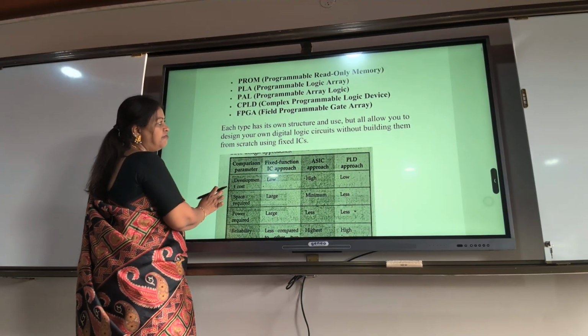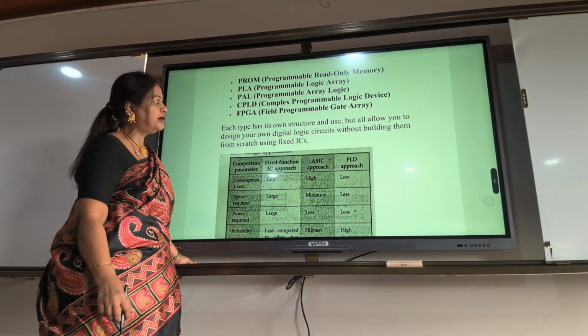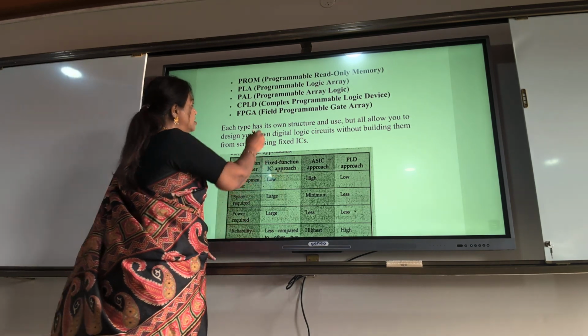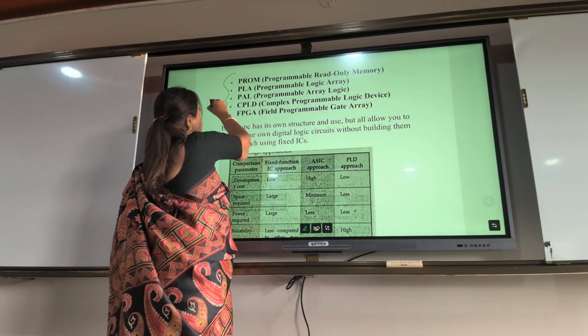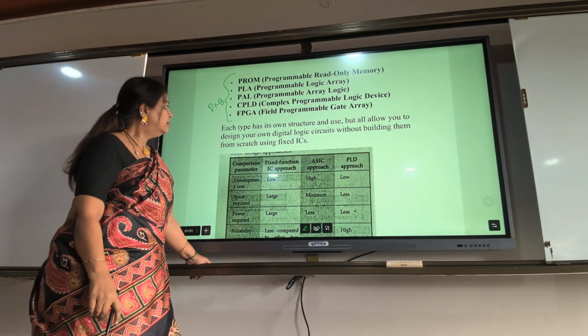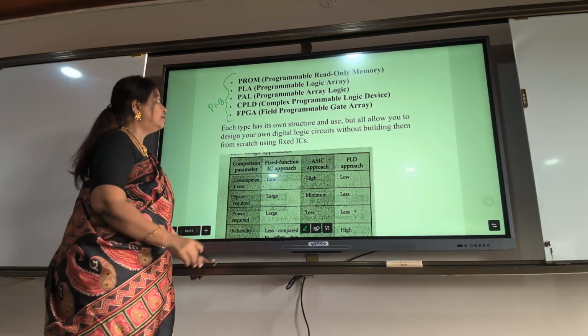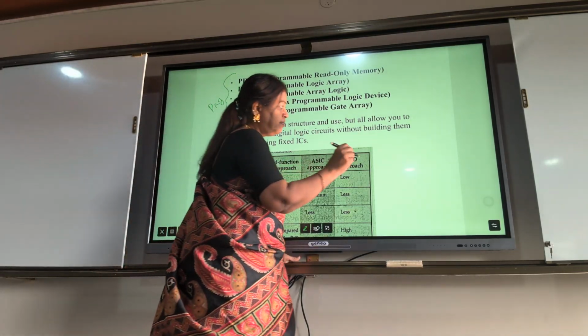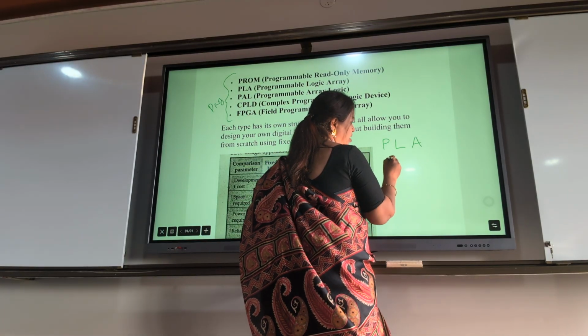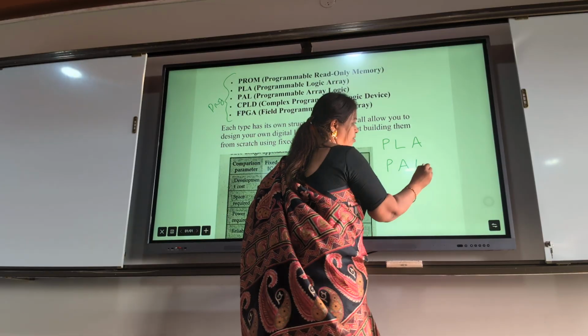Each type will have its own structure and use, but all allow you to design your own digital logic circuits. Here you have to remember two things: programmable logic array and programmable array logic.